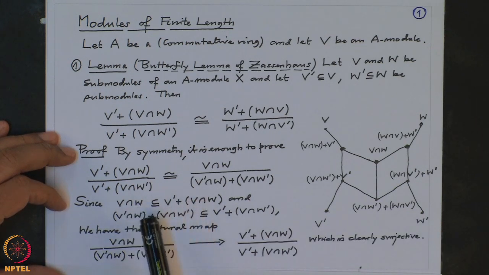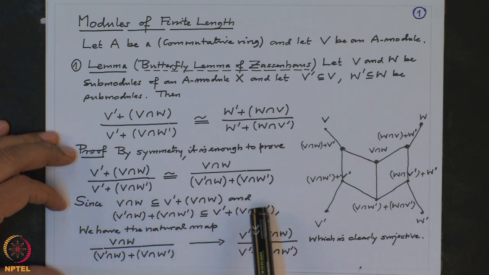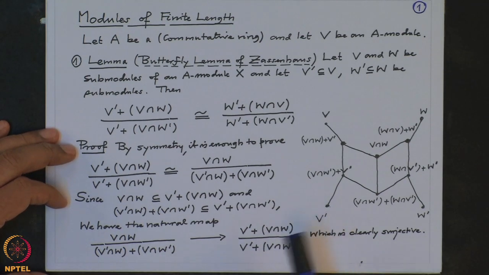I take this going to this quotient module, and this one is because this is a submodule of this. So, we have a natural map, and this map is clearly surjective because any element here modulo this is an element in V intersection W. So, that is coming from here. So, this map is clearly surjective.